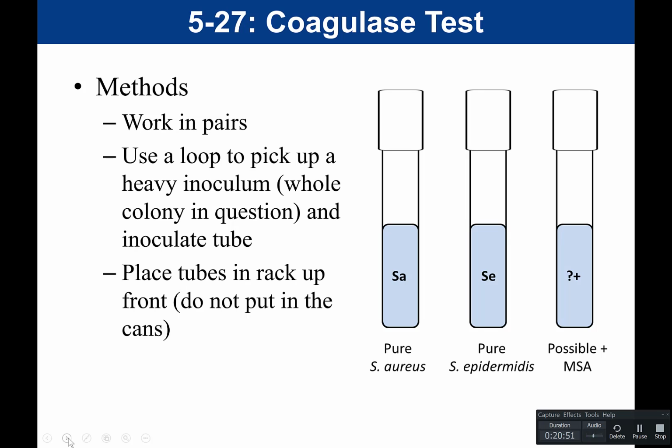And so just to kind of tell you how you did this, again, you don't need to memorize this for the test, but the idea is that if you had done the MSA plate and you had yellow colonies from your nasal passage, meaning the agar turned yellow, then to confirm that you actually carry Staph aureus, you would take your yellow colony that you found on your MSA plate and inoculate a rabbit plasma tube.